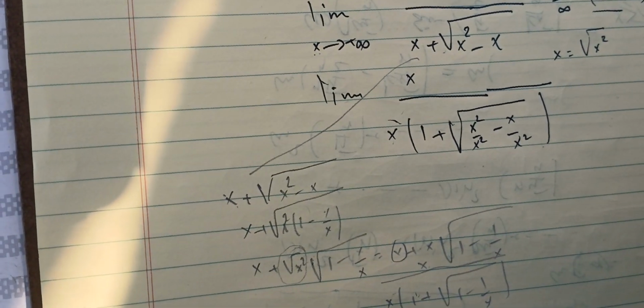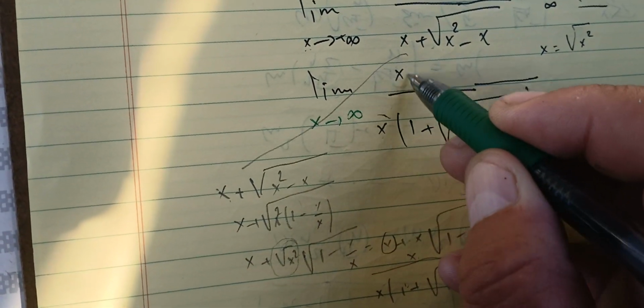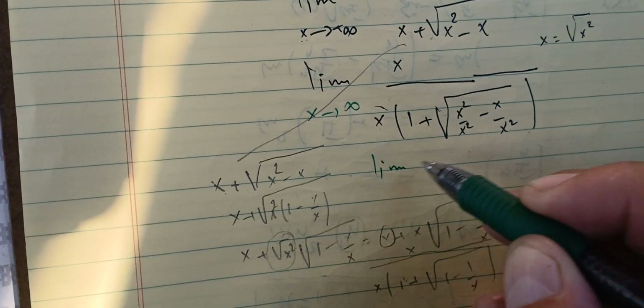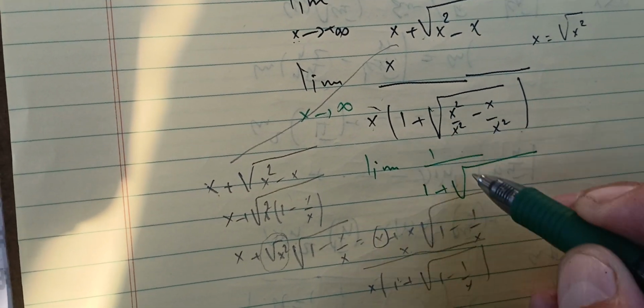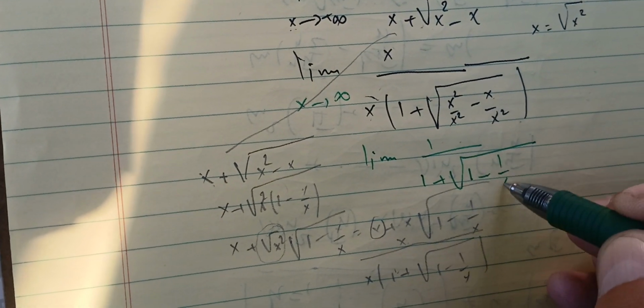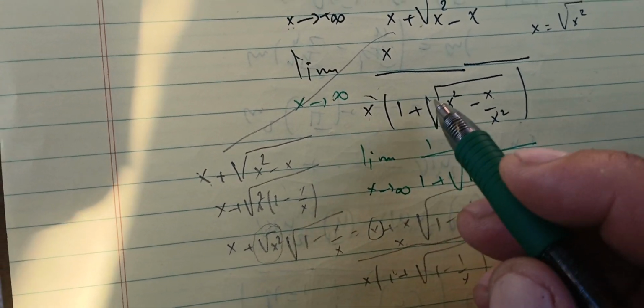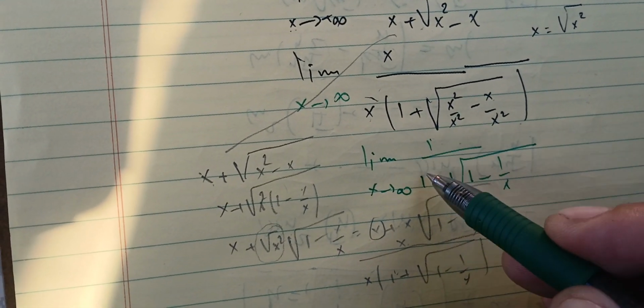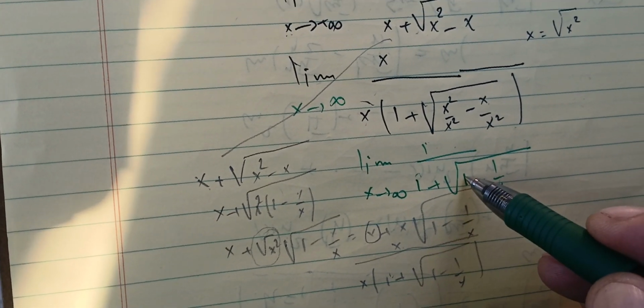Now I go back to my computation, and I see that x is never 0. So I'm going to get the limit of 1 over 1 plus the square root of 1 minus 1 over x. And now I can evaluate some limits. What's this limit as x goes to plus infinity?